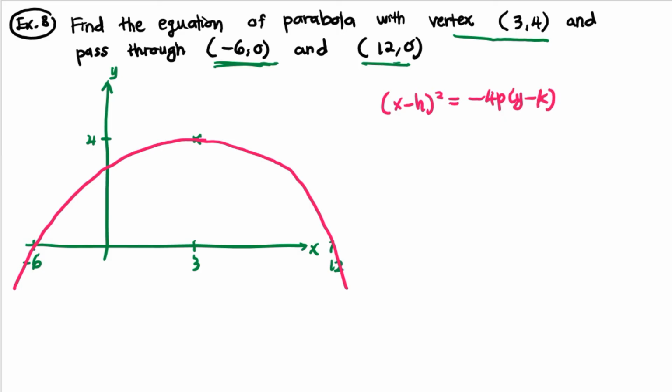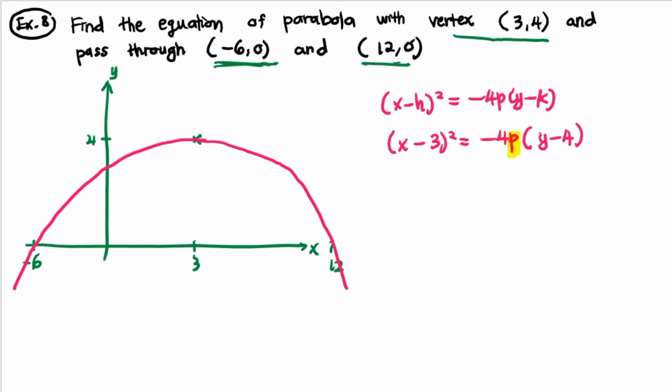Now we just need to substitute the values for h and k. So we have (x minus 3) squared, which is given by negative 4p (y minus 4), but we don't have the value for p.